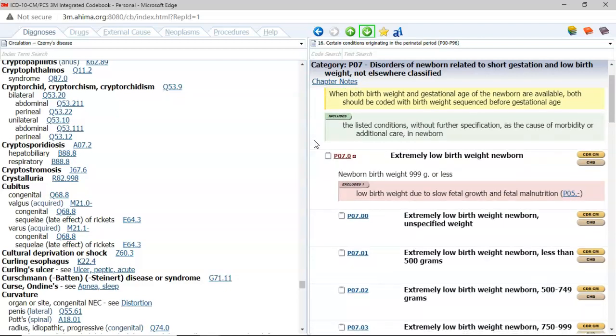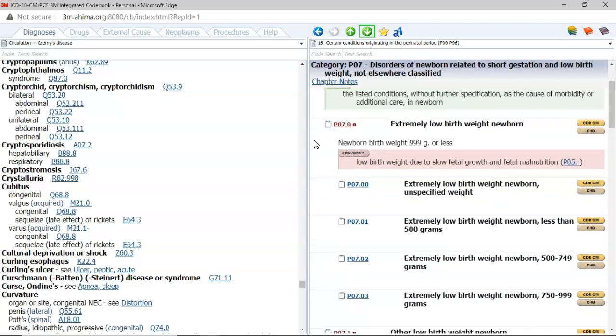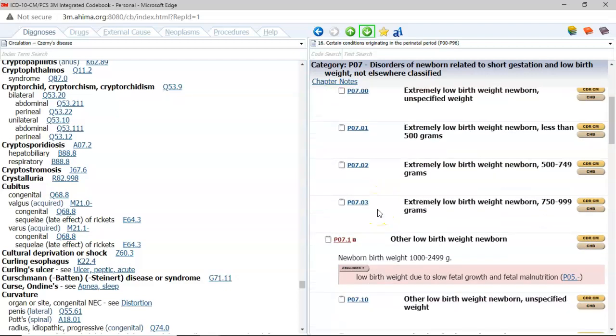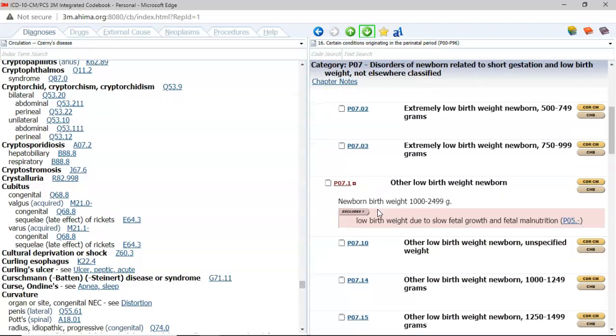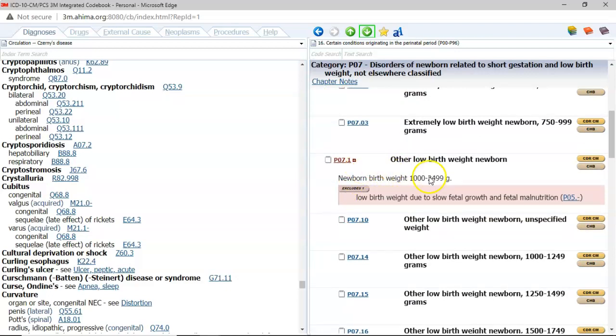So you'll see this category P07, extremely low birth weight newborn. And you'll see that this is, again, broken down by weight ranges. We also have another category, other low birth weight newborn.